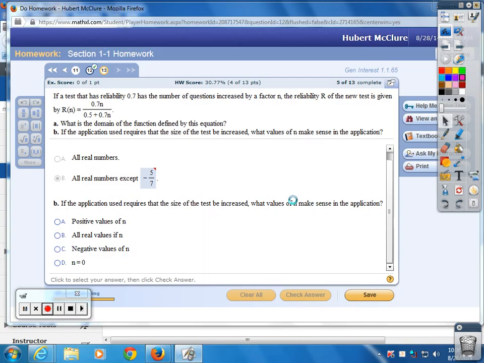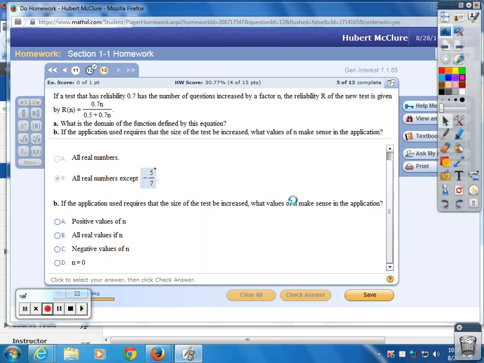If a test has reliability and the number of questions is increased by a factor n, n is the number of questions. Say that 2 or 3 times to yourself so you know what n is. The reliability of the new test is given. So what are they asking here? If the application used requires that the size of the test be increased, what's the size of the test?